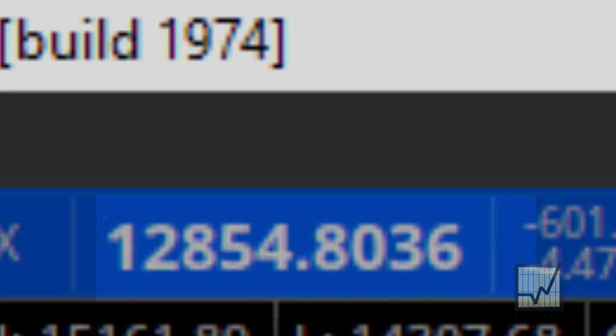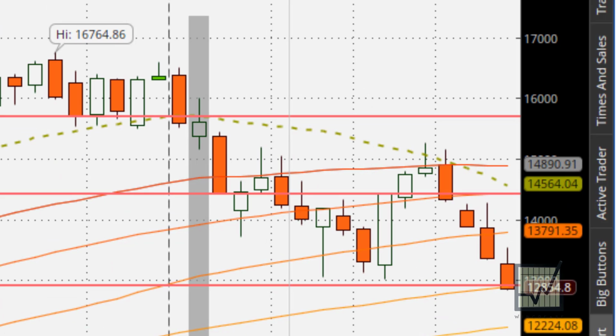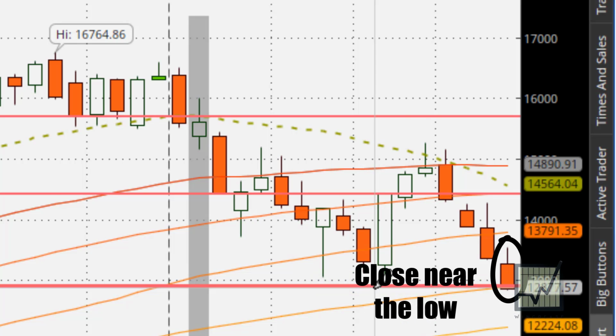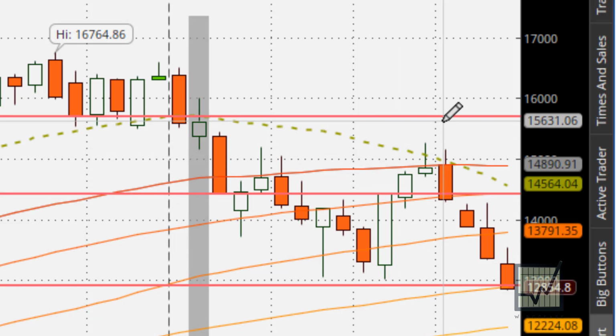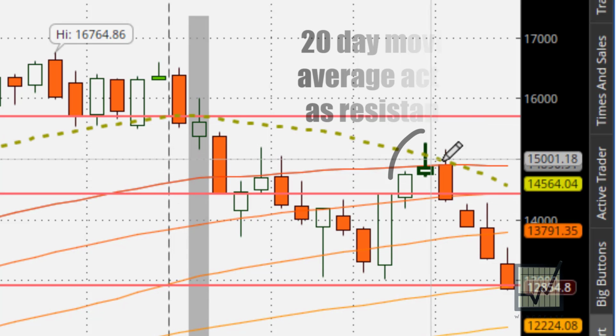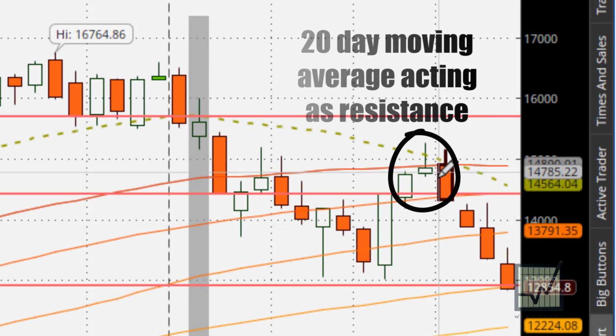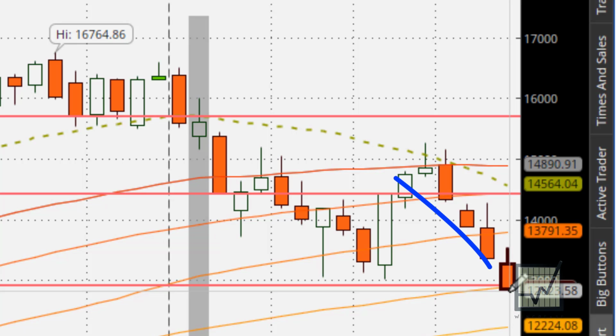And lastly, let's make our shift over to the Nasdaq, and we use ticker NDX. NDX closed at 12,854.80. And let's check how that one busted down. We made our move to the target area of 13,000 and we closed near those lows. And we see how it is shaping up just like the rest of the indexes, where that 20-day moving average gave the clear signal, which we see now, that a move lower was imminent.